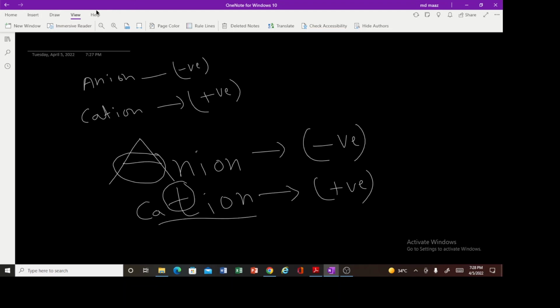This is the trick which you have to remember. Most of the students have doubt regarding the charge of anion, whether it is negative or positive. So simply you have to remember that anion is negative and cation is positive.